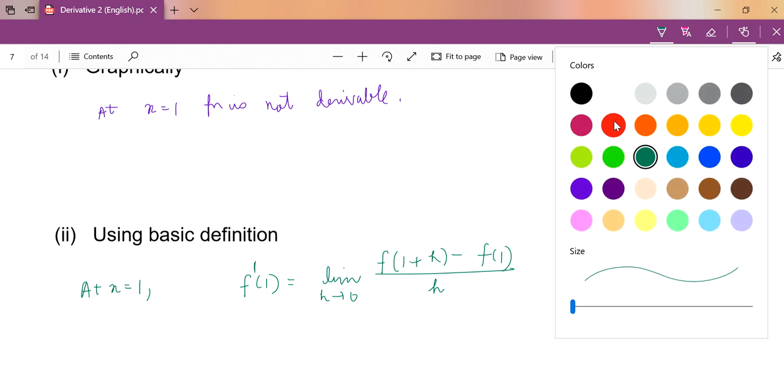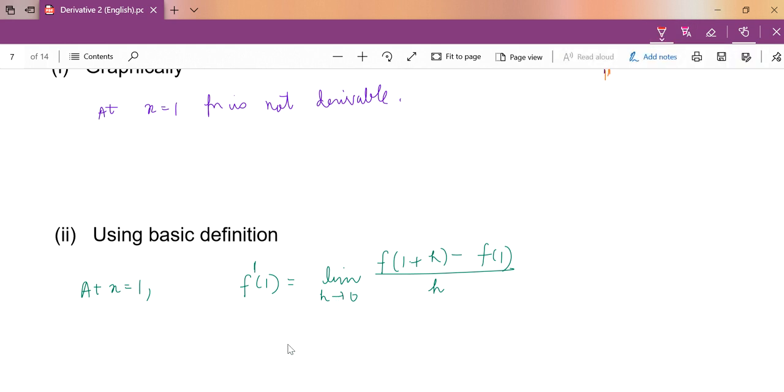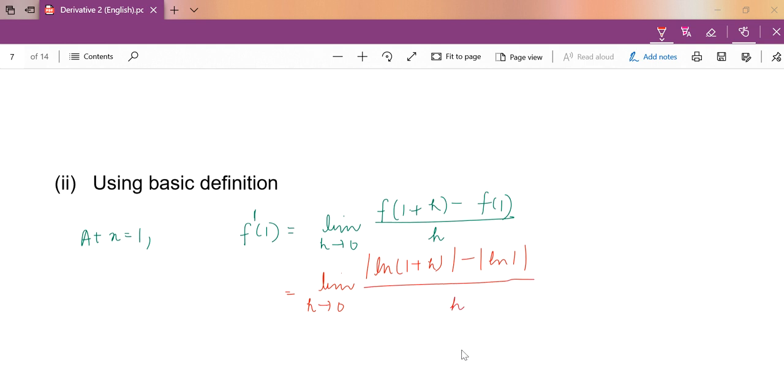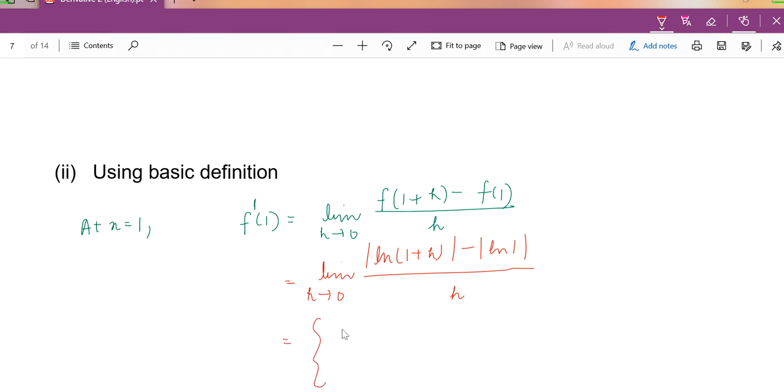Now let's insert the function value. What is your function? Modulus of log. So you have limit h goes to 0 of modulus of log of 1 plus h, minus modulus of log of 1, where you know that log of 1 is 0, upon h. Now you have to make cases.